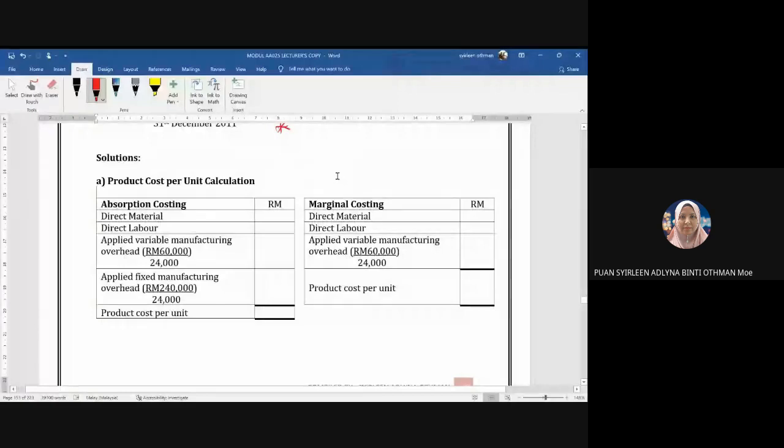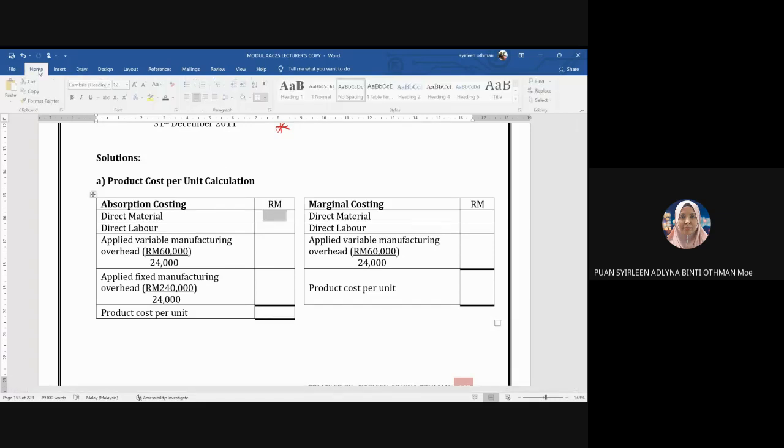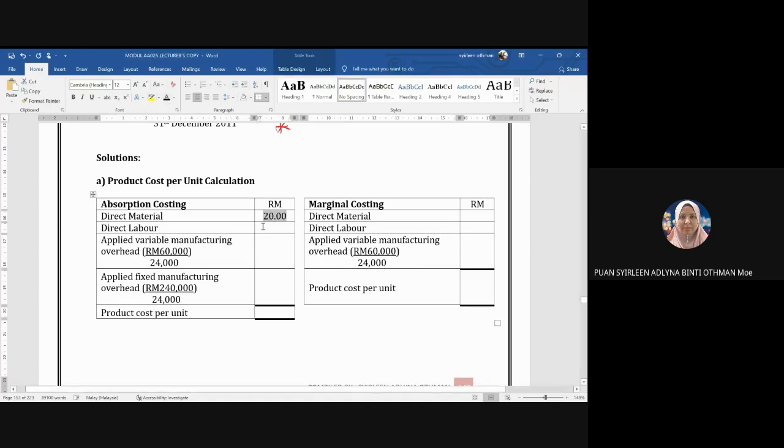Alright, so direct material. Ambil dari soalan ya. Diberi actual, kita tengok actual. RM20. Direct labor. Actual dia ialah RM10. Okay. Alright. Applied. Applied that means awak akan guna estimated value.